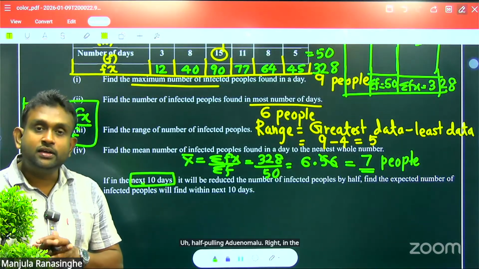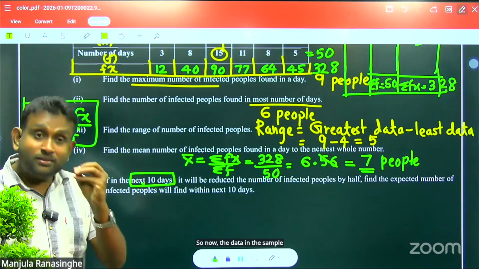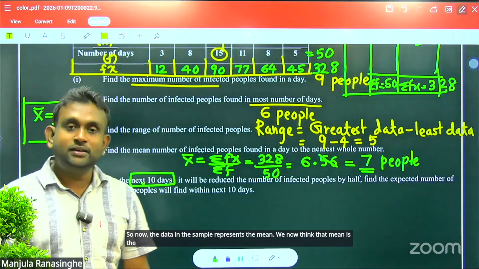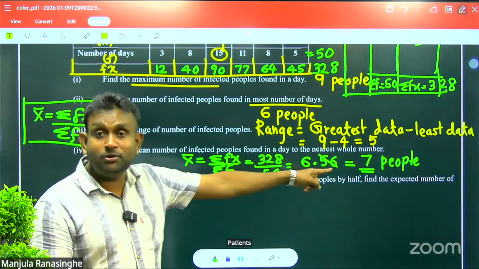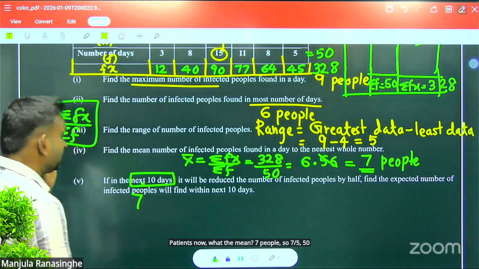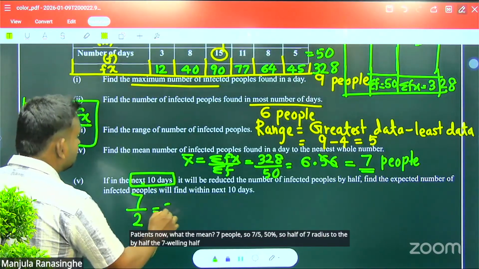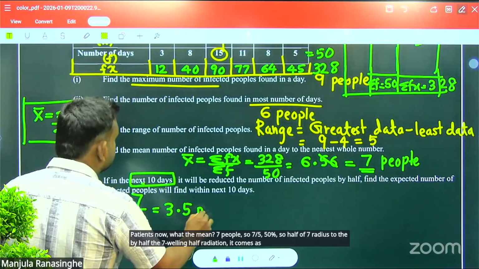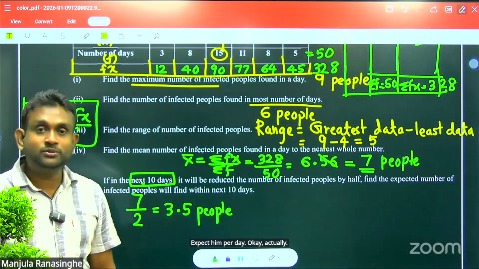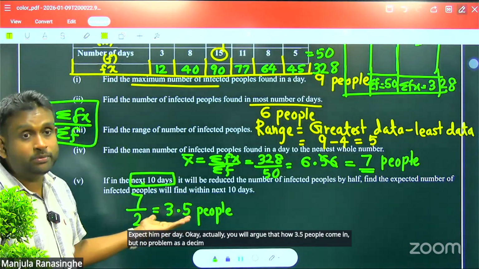So now the data in the sample represent the mean. We now think that the mean is the incoming patients. Now what's the mean? 7 people. So 7, half, 50%, so half of 7 reduced by half comes as 3.5 people expected per day. Actually you may argue how 3.5 people come in, but no problem, it's a decimal.